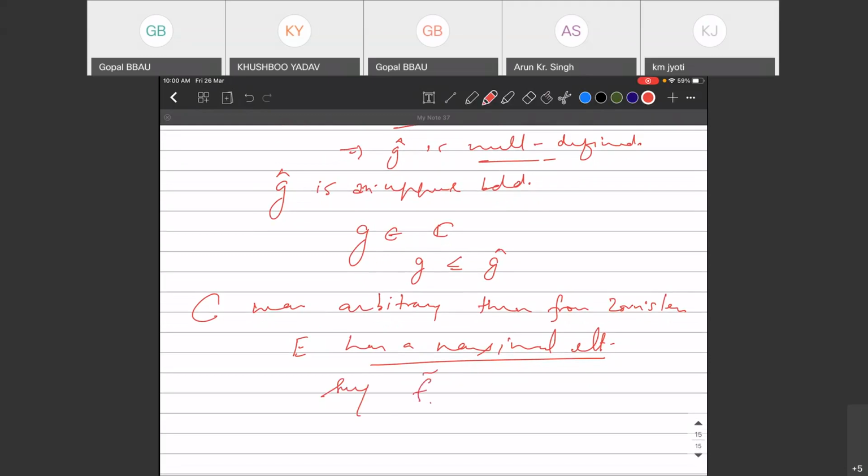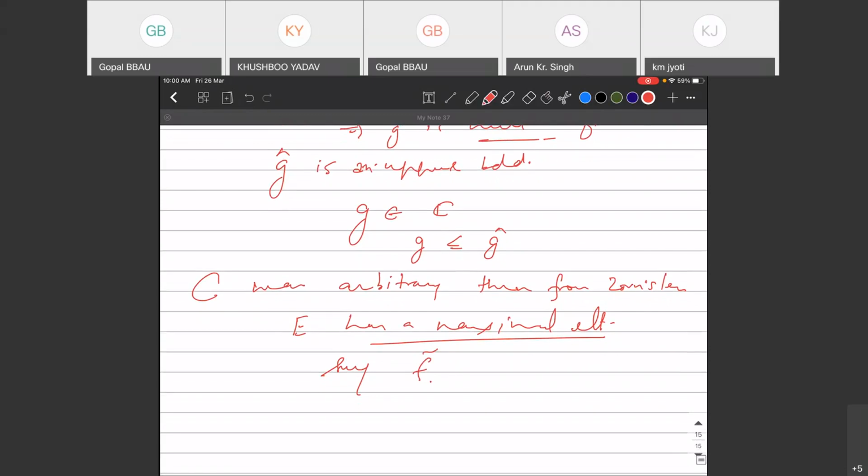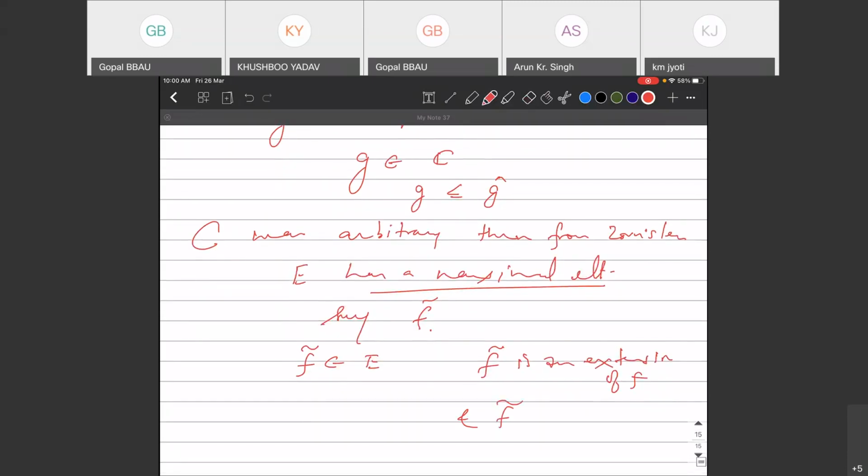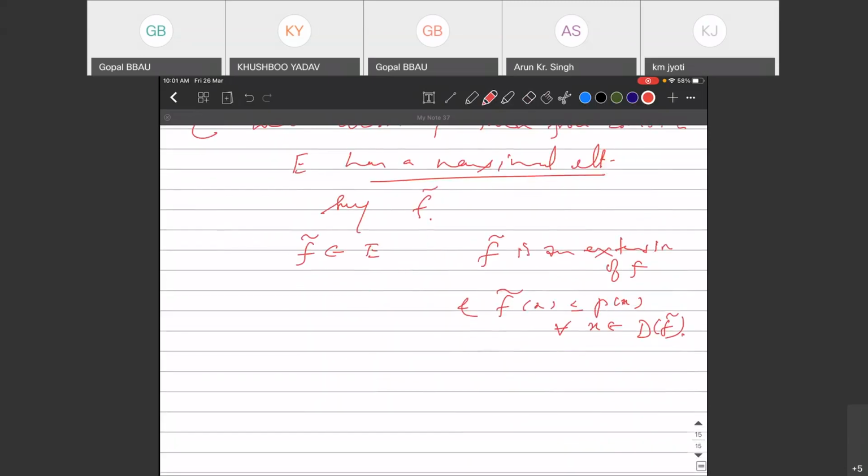By the definition of E, F tilde belongs to E. This means F tilde is an extension of F, and F tilde x is less than or equal to P x for all x in its domain. Correct?